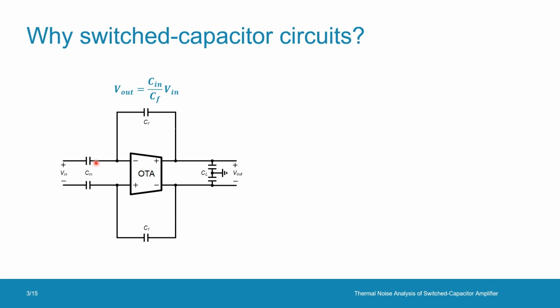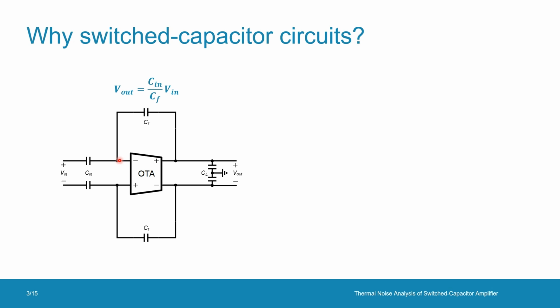But actually, nobody uses this, so something must be wrong with this configuration. Well, the major problem is that the OTA input common mode is not well defined. I mean, it's floating in this case.